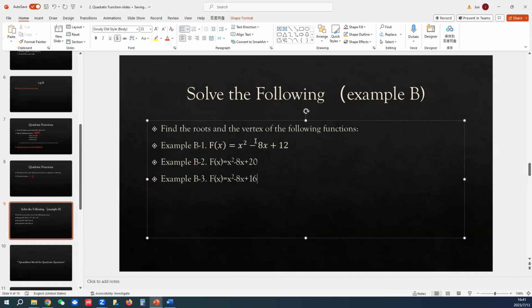Okay, now let's switch to my document camera. So I'm gonna demonstrate to you the solution. So here it is method B, the formula method. Okay, and here, I'm gonna write down my formula.